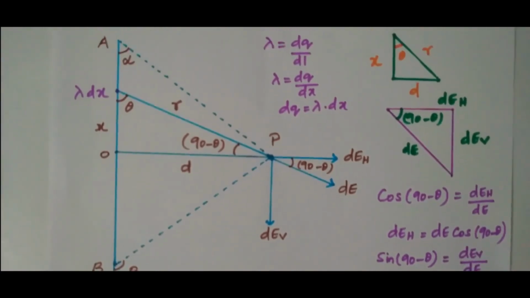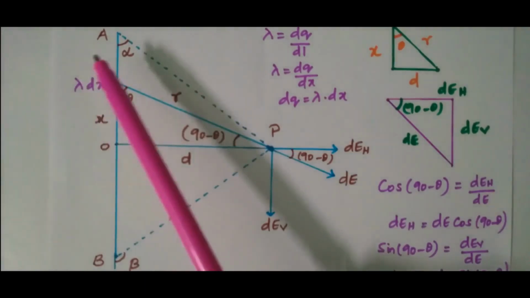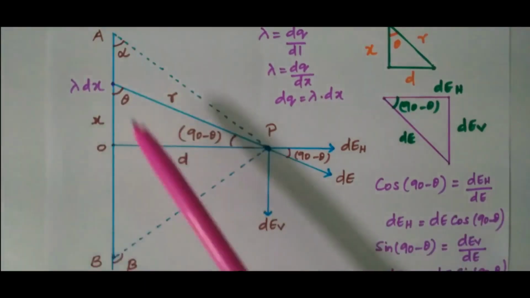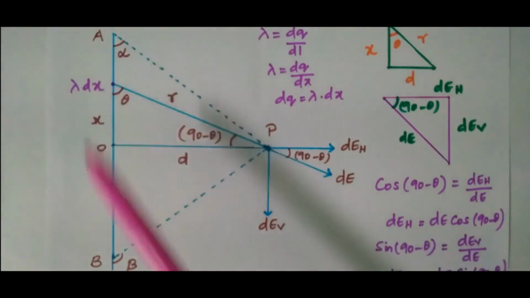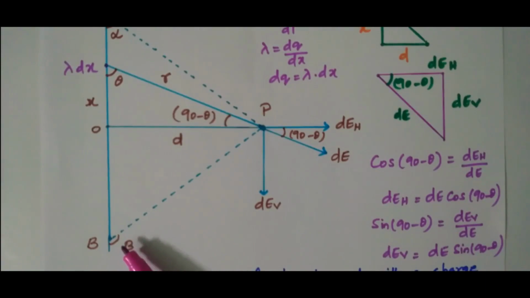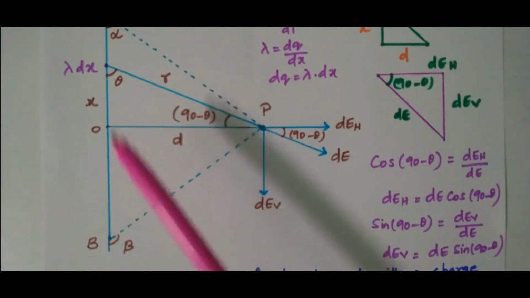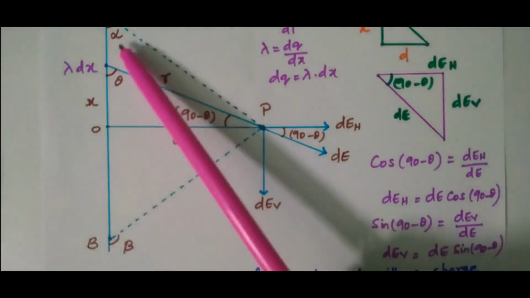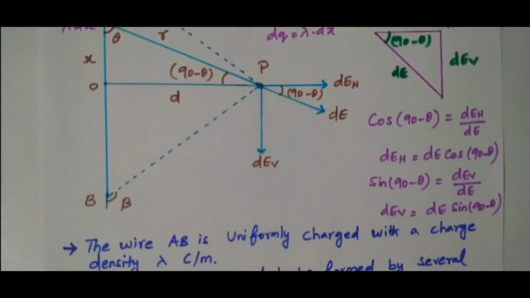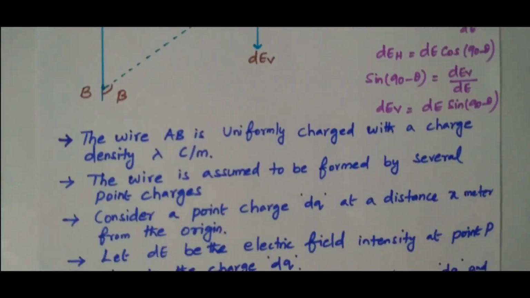So in this diagram, for point A, the wire is named AB. The equivalent angle will be alpha for A, and for B the equivalent angle will be beta. While substituting the limits, we can refer to these angles alpha and beta equivalent to A and B. So that description is given here.